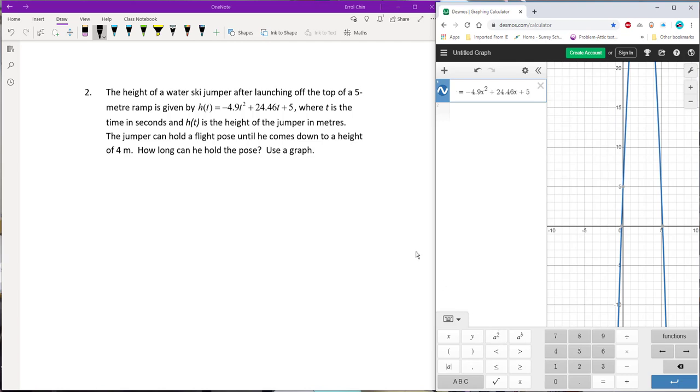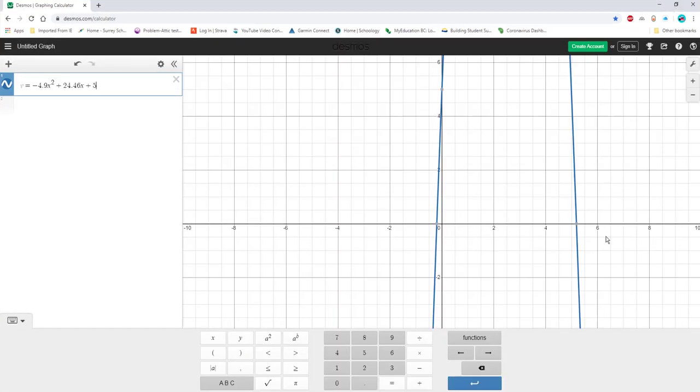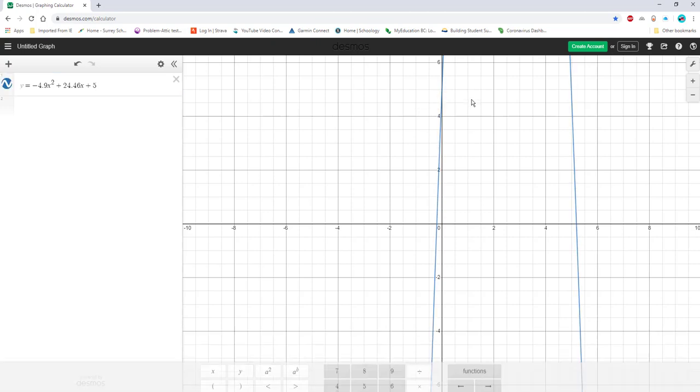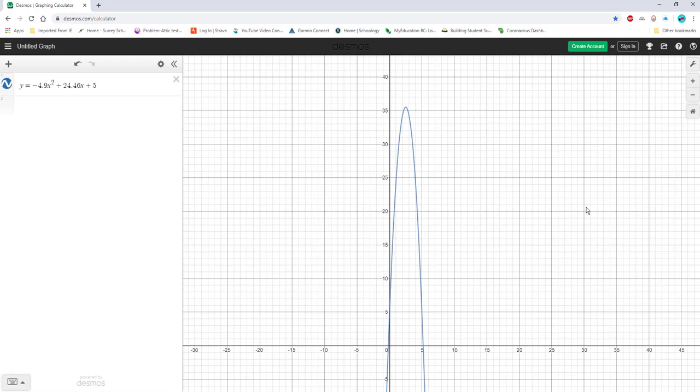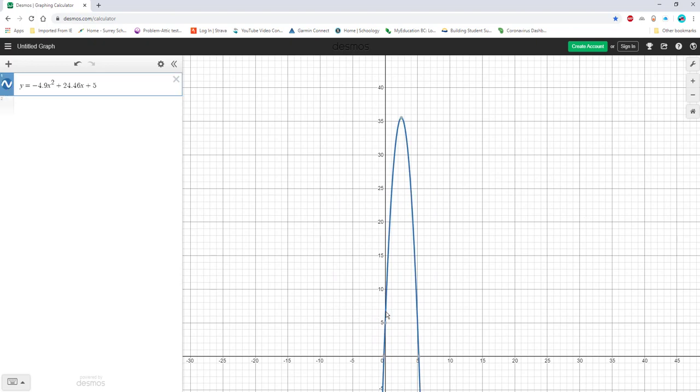Now, it's asking, the jumper can hold a flight pose until he comes down to a height of 4 meters. Here is my graph, and let me show you how to read that. At time 0, he's at a height of 5 meters. Let me just shrink this graph. At time 0, which means at the time he took off from the ramp, he's 5 meters tall.